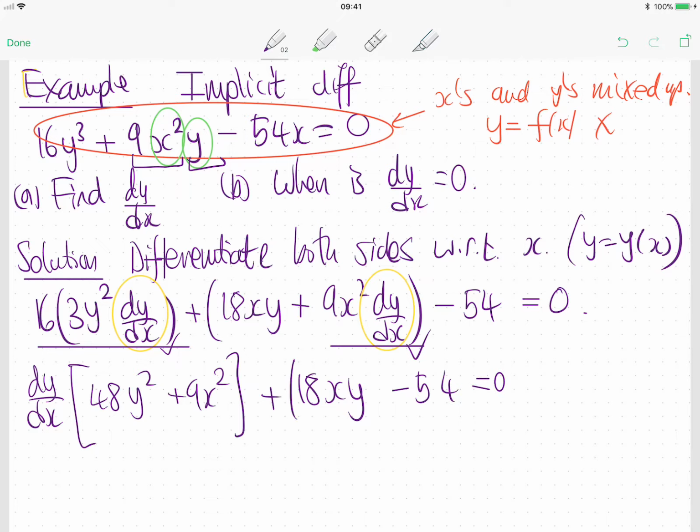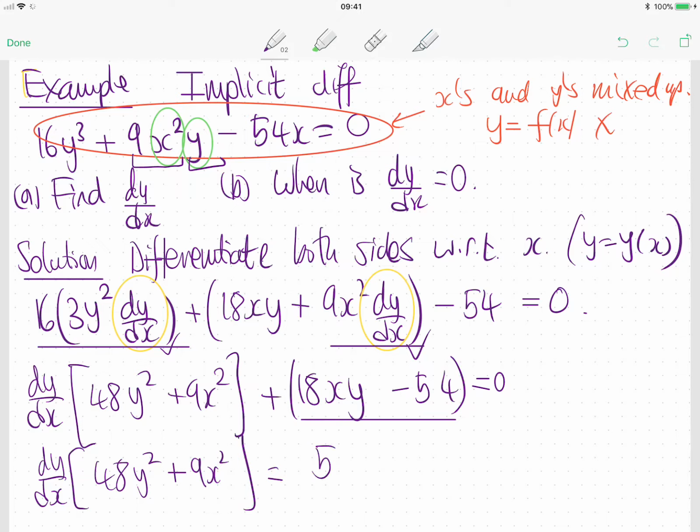Okay, now to get dy dx on its own, we just simply move everything else to the other side. So let's begin by moving these over. So we have dy dx times this bracket. So I'm going to add 54 to both sides, take off 18xy.